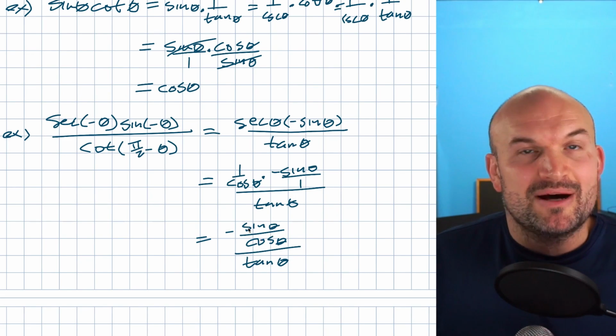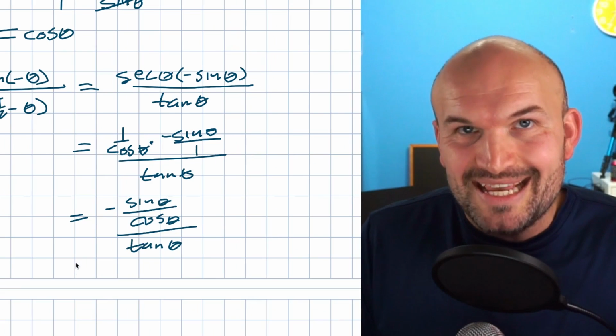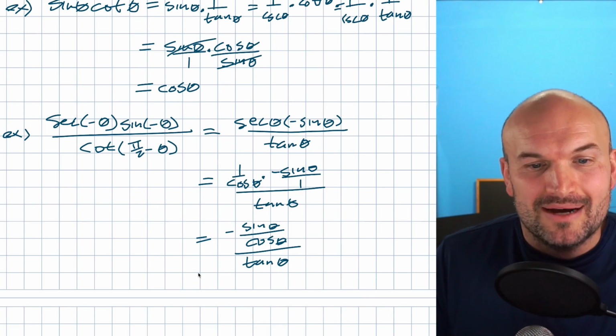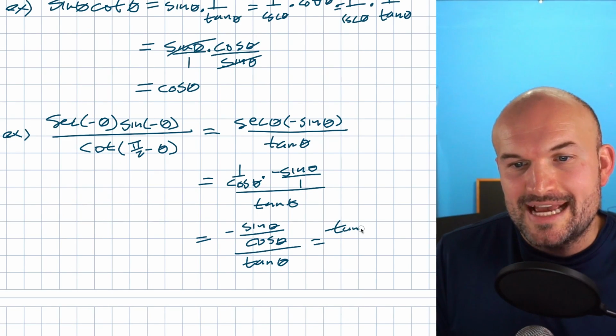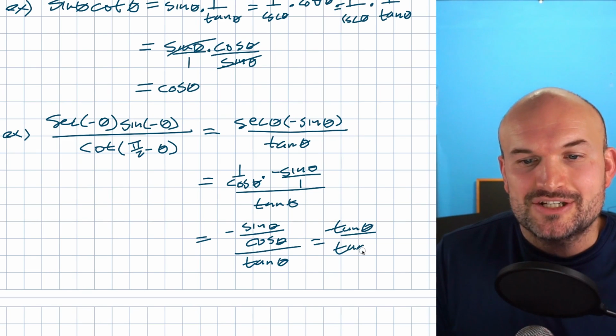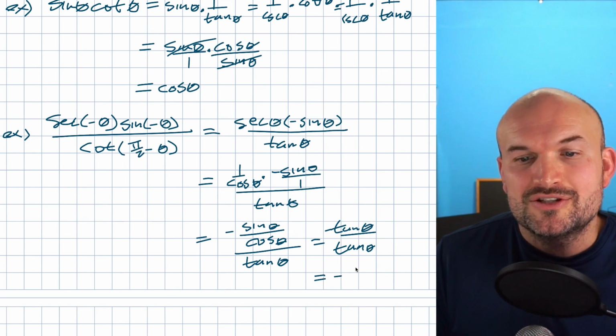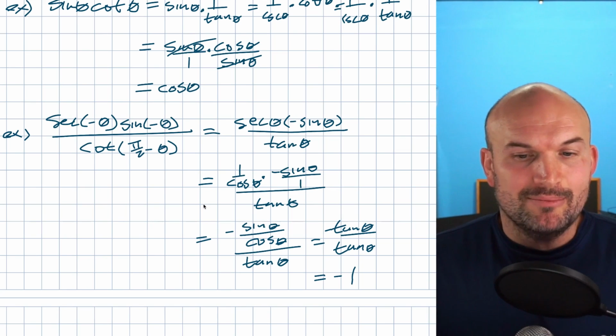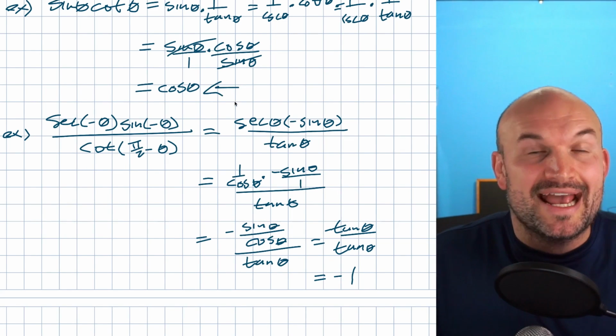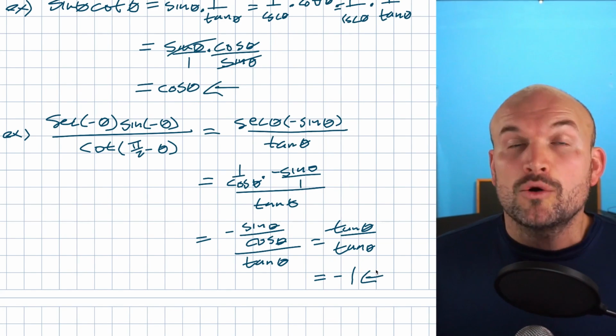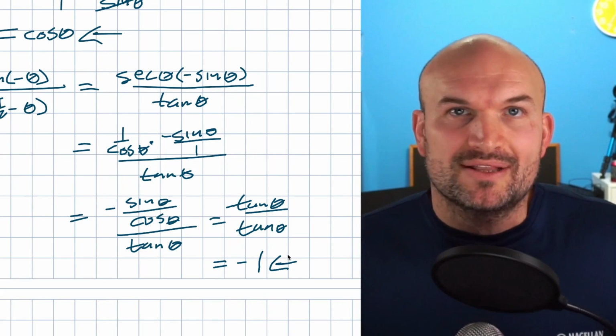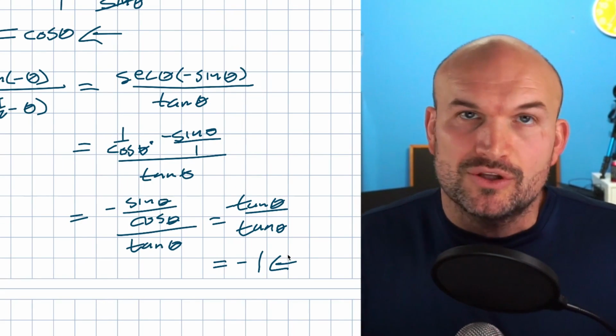And what do we recognize about sine of theta over cosine of theta? That's equal to tangent of theta. So now I have negative tangent of theta all over tangent of theta, which is equal to negative 1. So when we're looking to simplify, we're looking for either a function as our simplified answer, or a number. It all depends on the directions of the problem you're looking to solve.